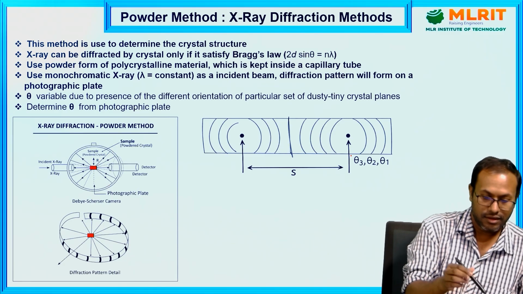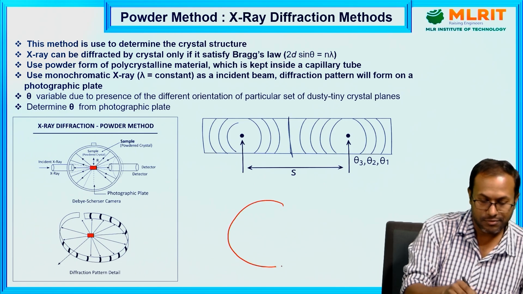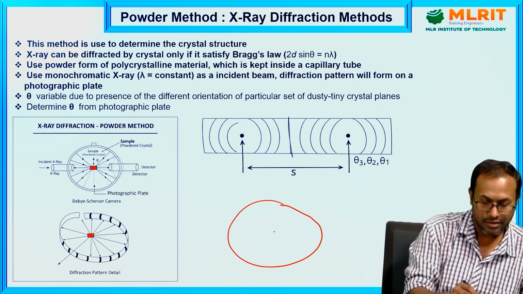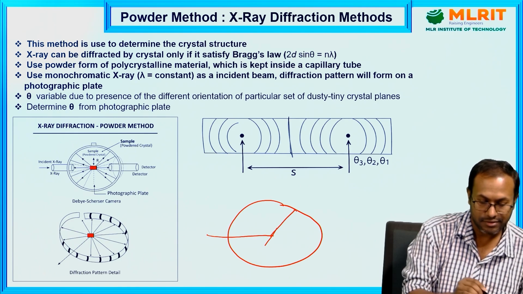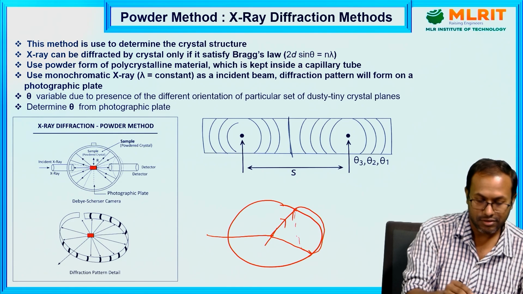Suppose this is a photographic plate, and this is one of the crystals. Light comes and falls and is diffracted in this direction, and another ray is diffracted in that direction. So that makes a circle on the photographic plate.